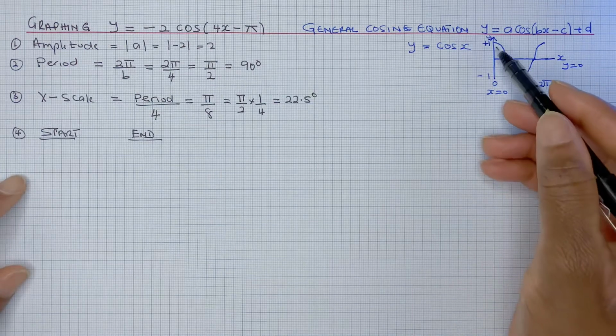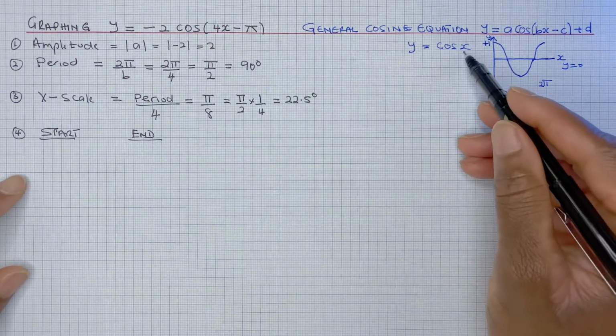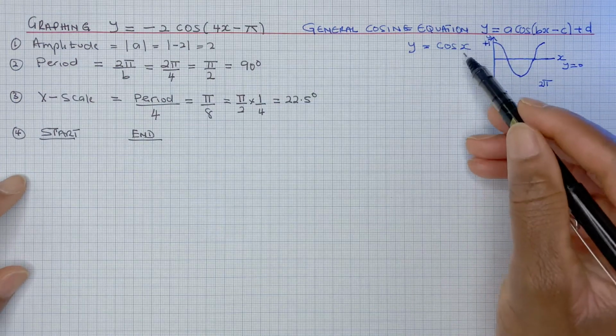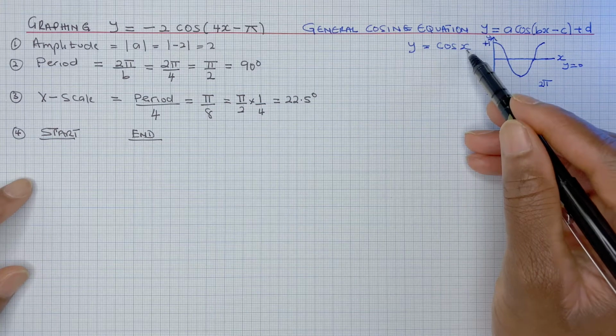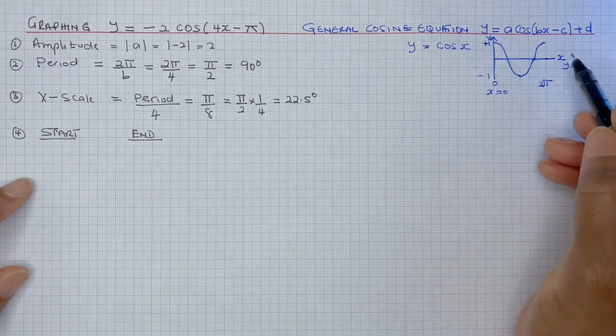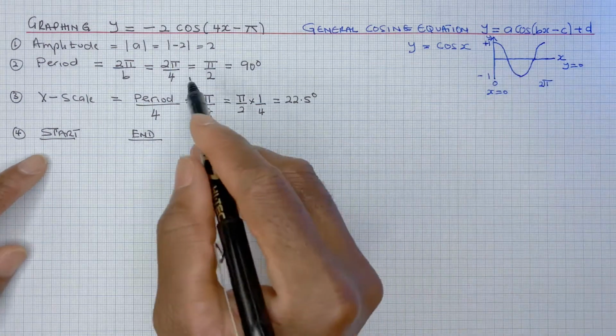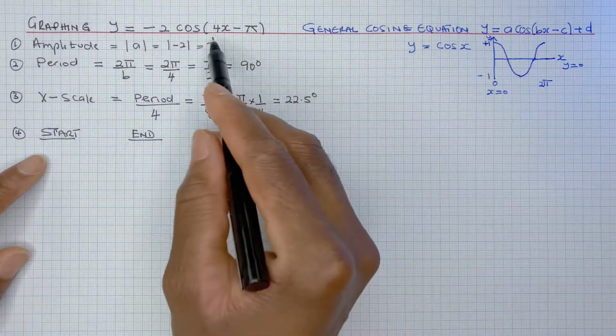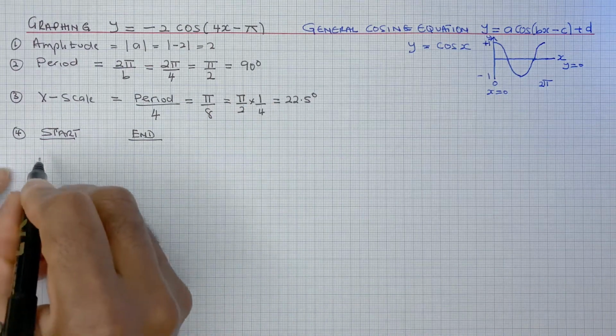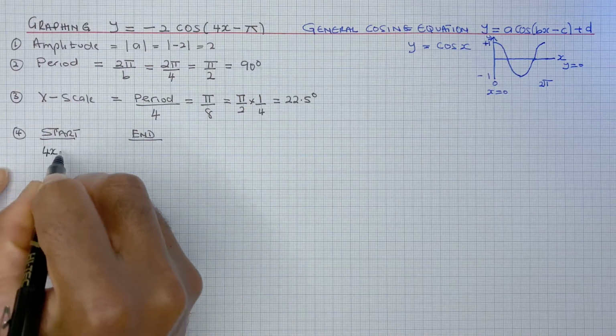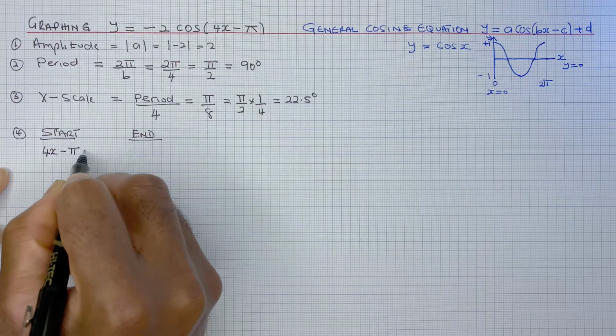So for the start of the period here, you set x to 0, and the end of the parent graph is to set x to 2 pi. The start of the period for us: we don't have x, we have 4x minus pi, so we set 4x minus pi to 0.